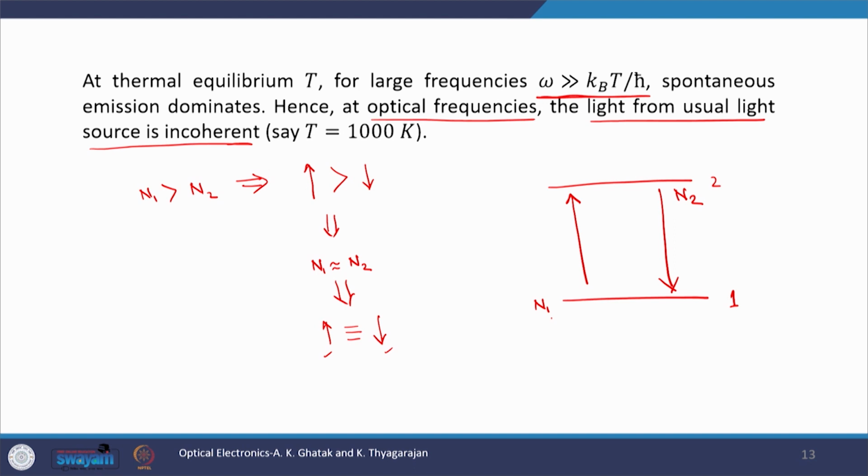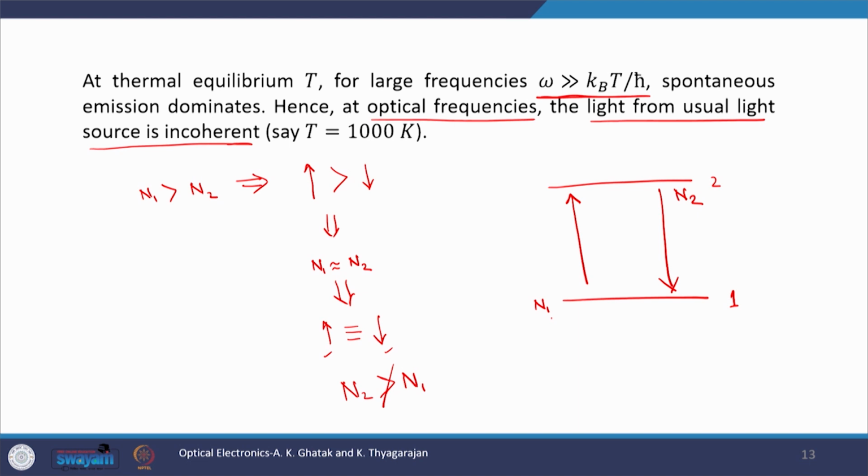By no means can we make the upward transition rate smaller than the downward transition rate. Therefore, if initially N1 is larger than N2, we can never have N2 larger than N1. This will never happen.